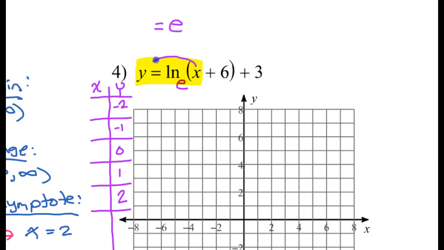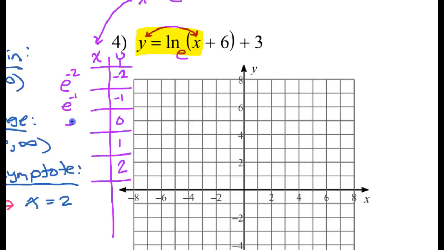Okay, and then the x and the y are going to switch sides. So I'm going to have x equals e to the y power. So this is what I'm using to find all these x values. Okay, so I'm doing e to the -2 power, e to the -1 power, e to the 0 power, e to the 1 power, and e squared.